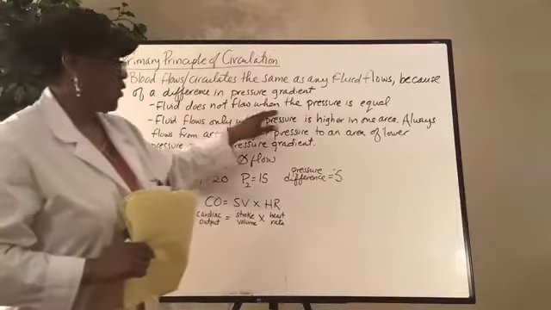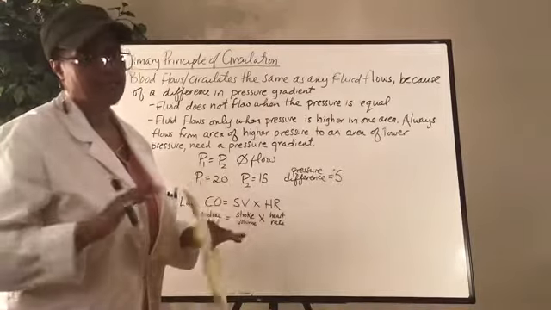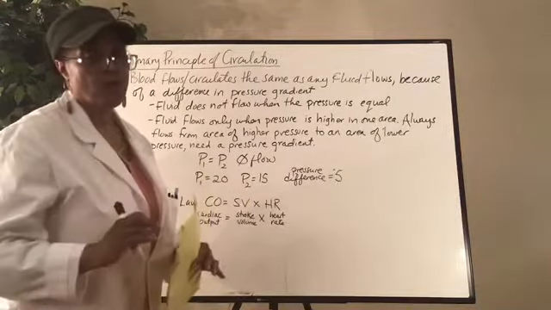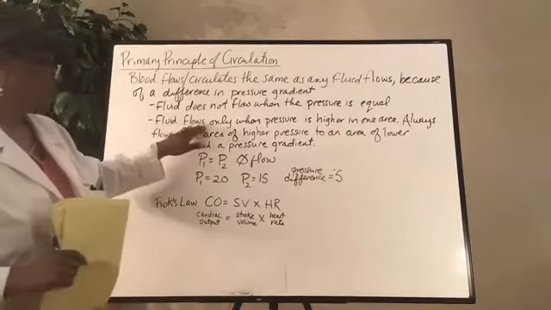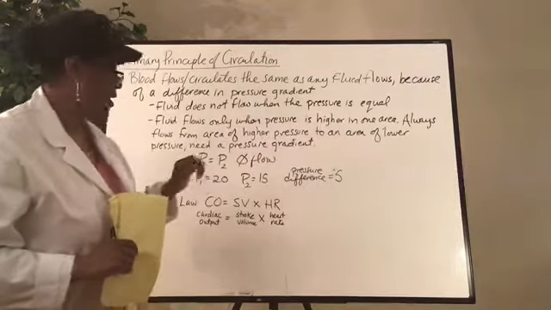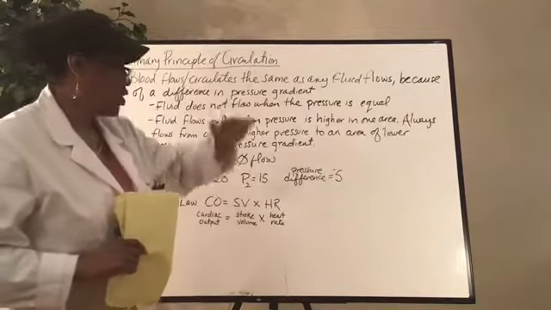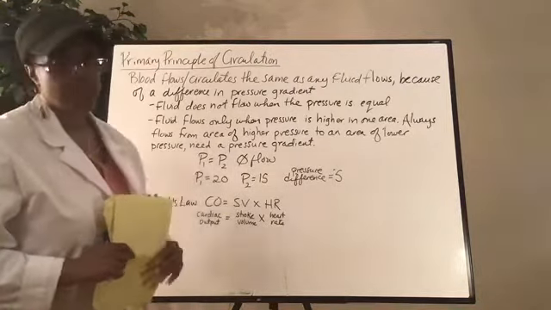Fluid does not flow when the pressure is equal. Fluid or gases, but we'll just stick with fluid since we're talking about blood, will not flow when the pressures are equal. Fluid flows only when the pressure is higher in one area. It always flows from an area of higher pressure to an area of lower pressure, and you need a pressure gradient.